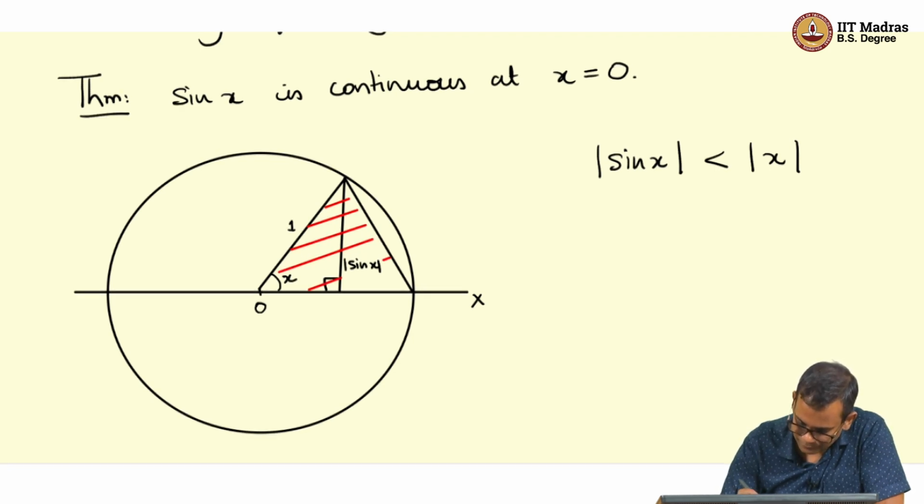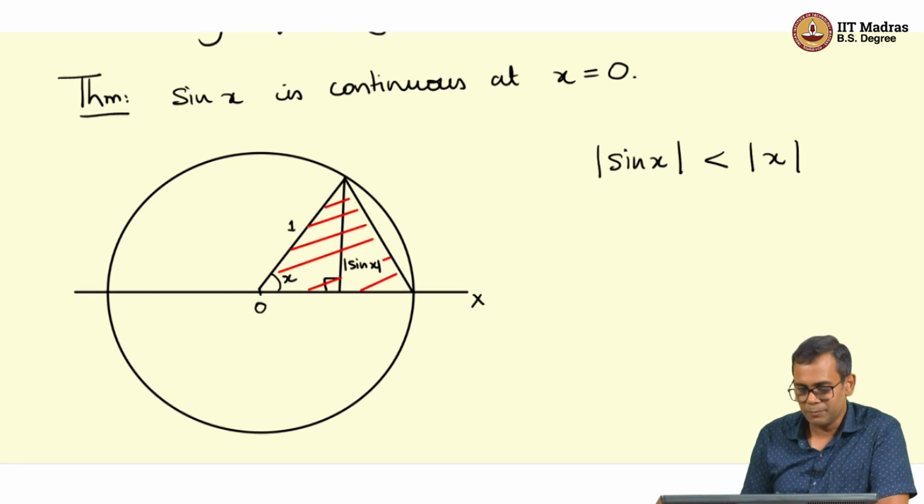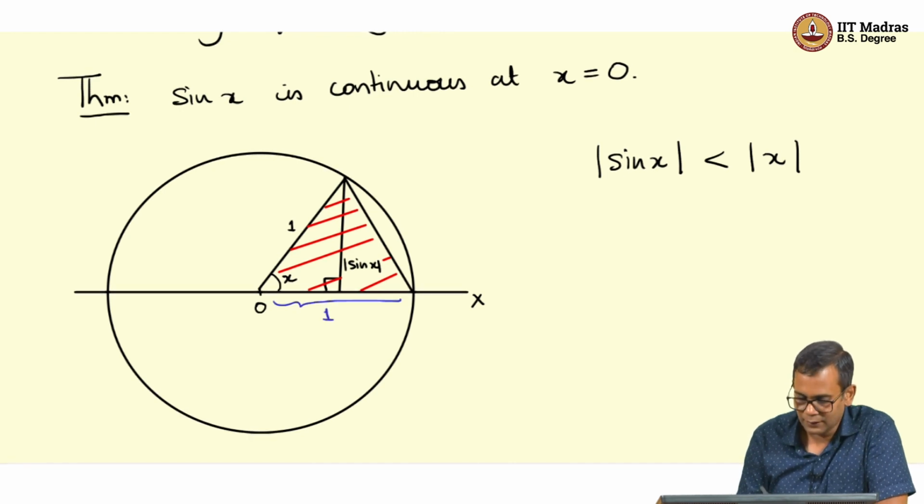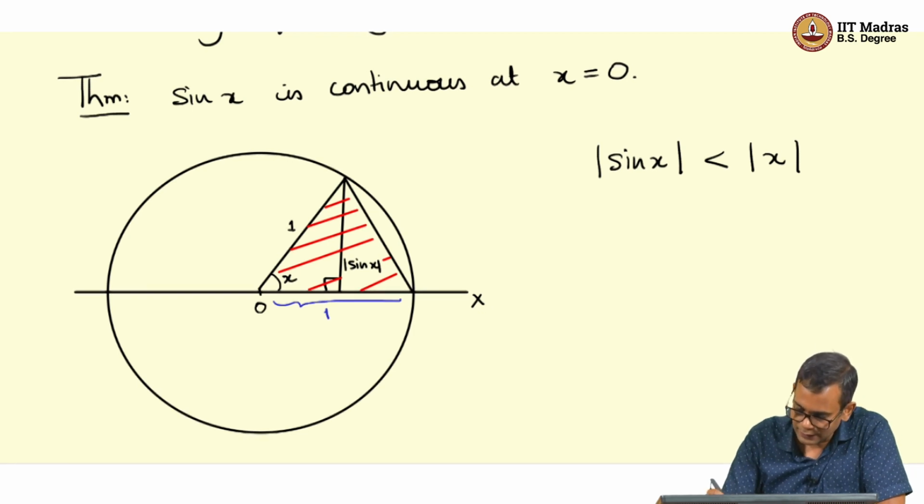What is its area? Remember the area of a triangle is half base into height. The base of this triangle is a radius of the unit circle, and so this distance here is 1. The height of this triangle is sin x. So, the area of the triangle is half into the absolute value of sin x.